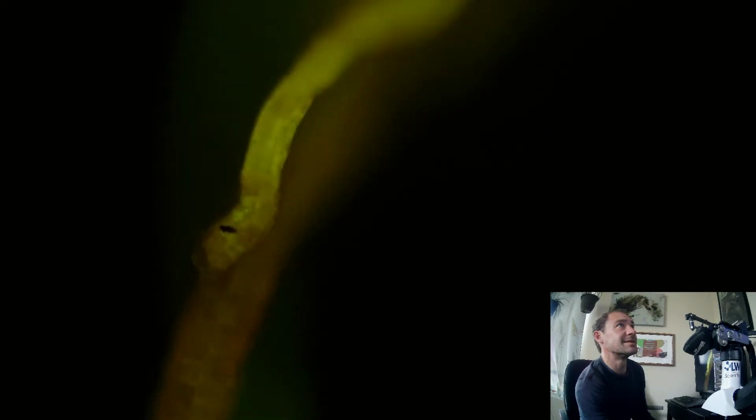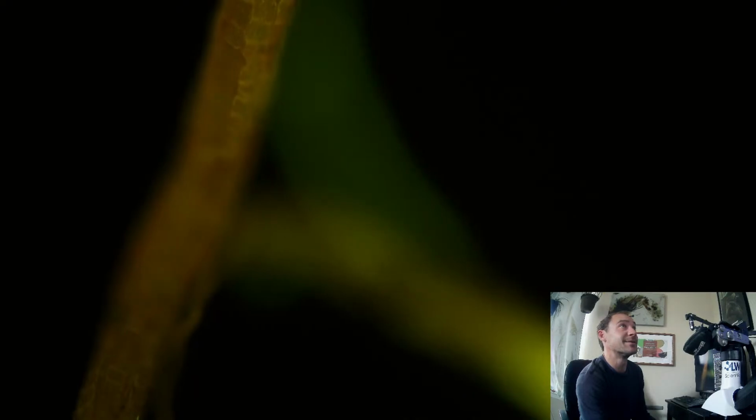Might be inoculation points. Might be some fungi hanging off the side of it there. It's very small. It's tough to get focused because this root is not laying very flat on the slide right now.